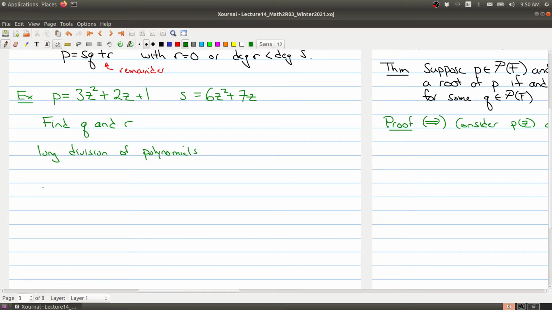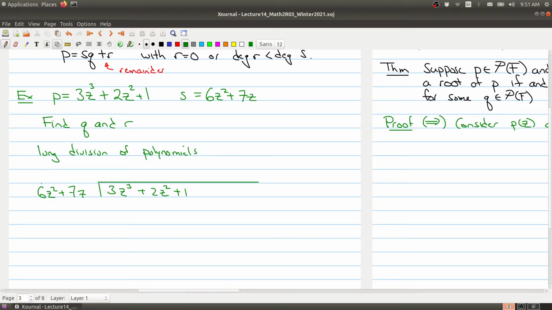We take 6z squared plus 7z, and we want to divide it into the polynomial 3z squared plus 2z plus 1. Remember, we want to ask what we need to multiply this by to cancel out the 3. I think I made a mistake here. I wanted this to be z cubed, and I want this to be z squared.